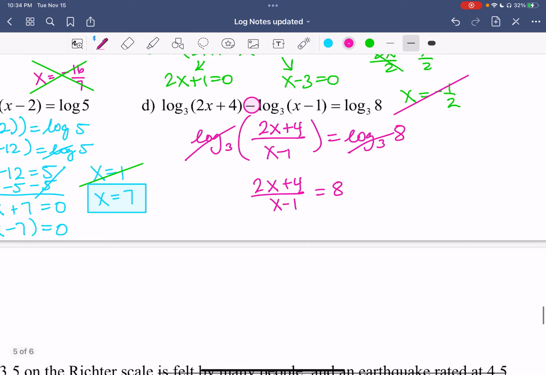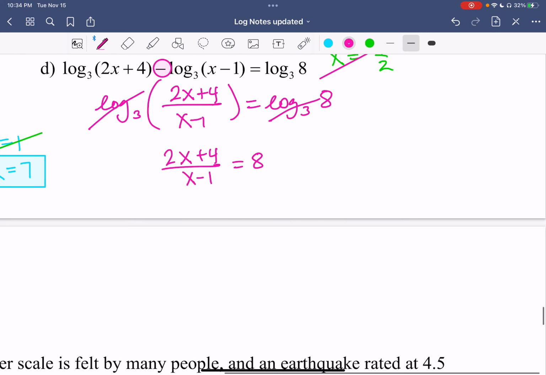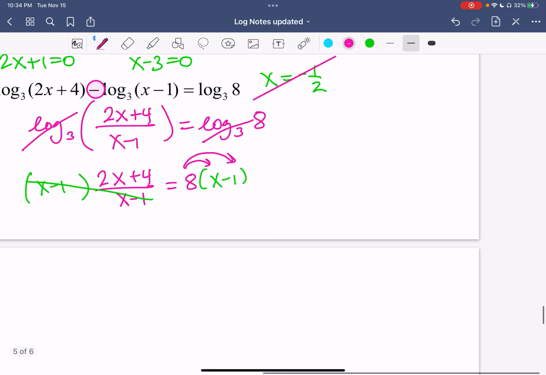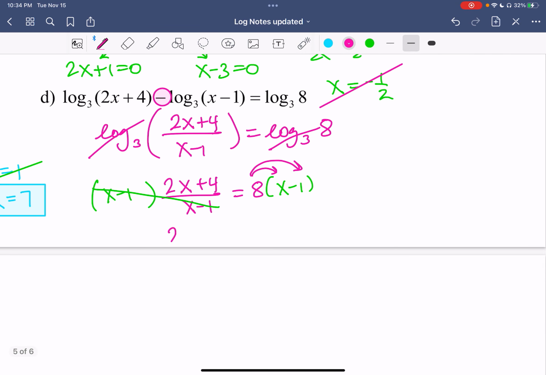Okay, and then you're going to just use algebra. So remember, to get rid of a fraction, you're going to want to multiply both sides by the denominator. So these two cancel out, and then you do have to distribute this over here. So this will become 2x plus 4 is equal to 8x minus 8.